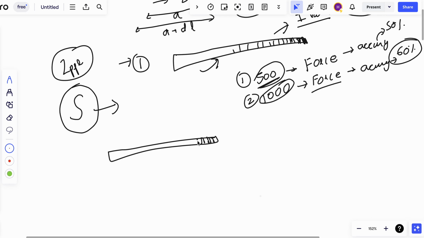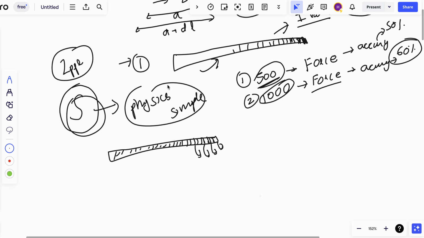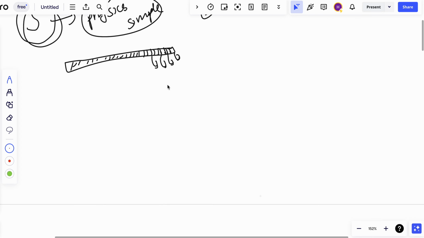You can think of it as an infinite number of pieces, and it adds the effect of each of the pieces. This is what this symbol does. That makes our physics simple. So now, how will I solve the same problem?